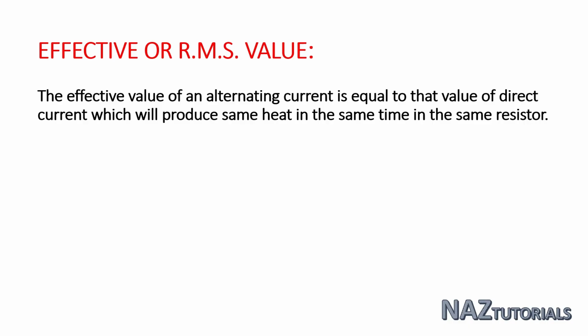Because if you connect a voltage in a circuit which has some resistive load, it will provide heating in the circuit. It provides the same heating effect whether you connect an AC voltage or a DC voltage.